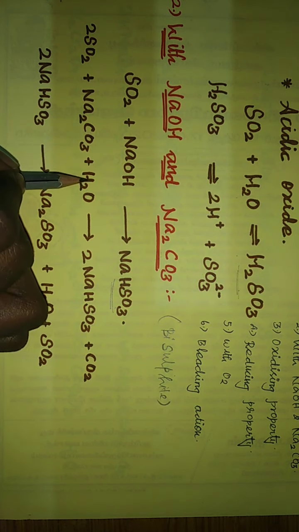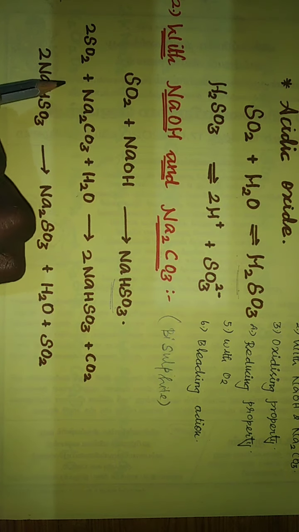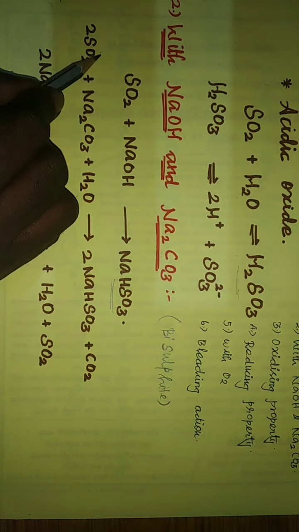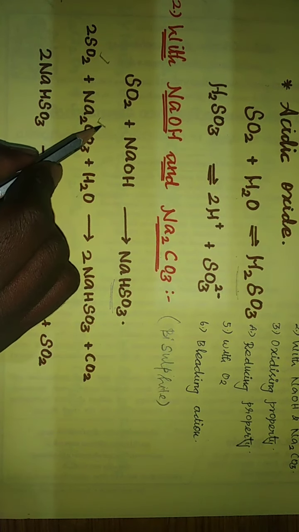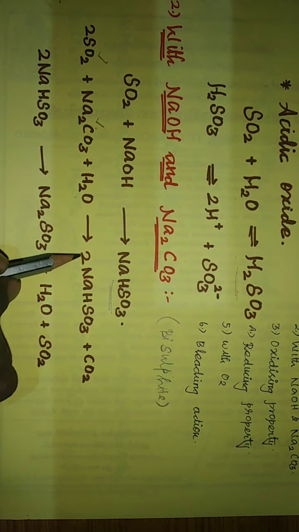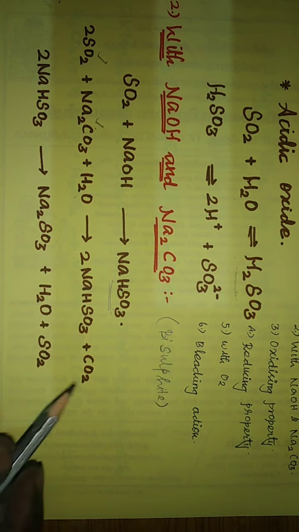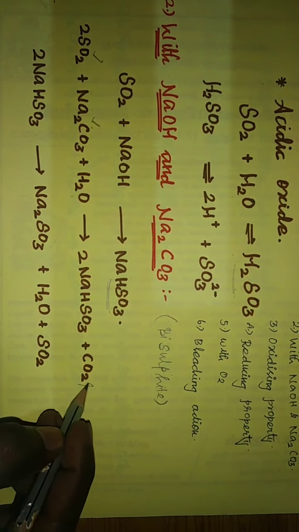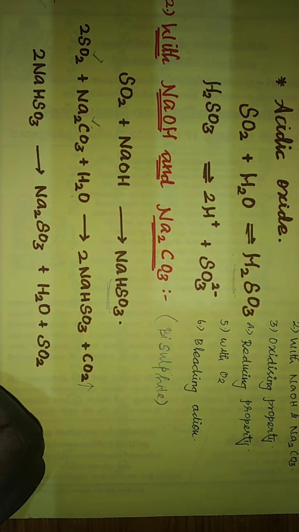In addition, we add a molecule of water. Sulfur dioxide on reaction with sodium carbonate gives sodium bisulfite, NaHSO3, along with the liberation of carbon dioxide gas.